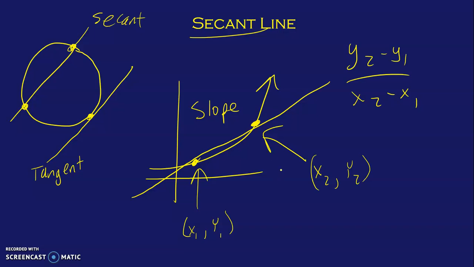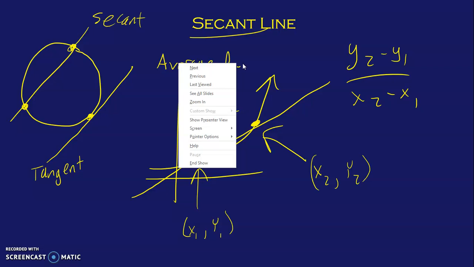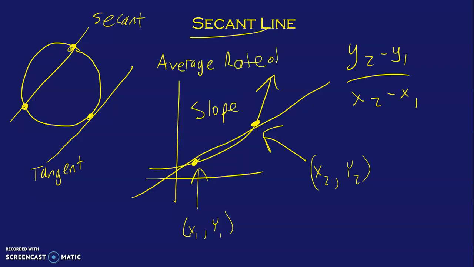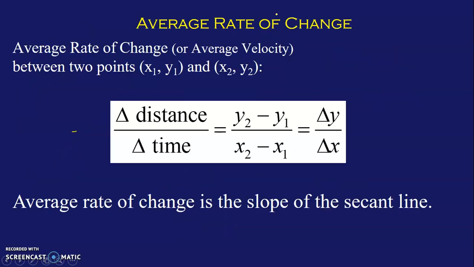So whenever you see a question that's asking for the average rate of change, you're going to be using a slope calculation, and you're just going to take the 2 endpoints of whatever time frame they give you.